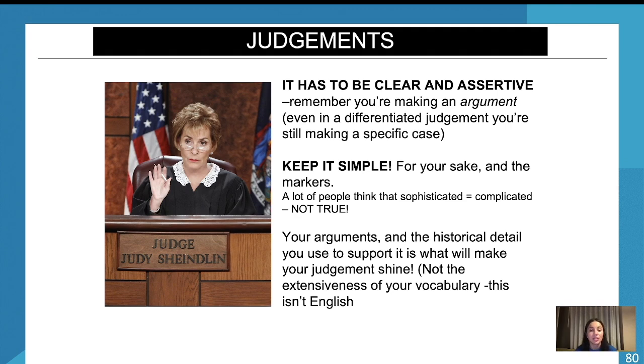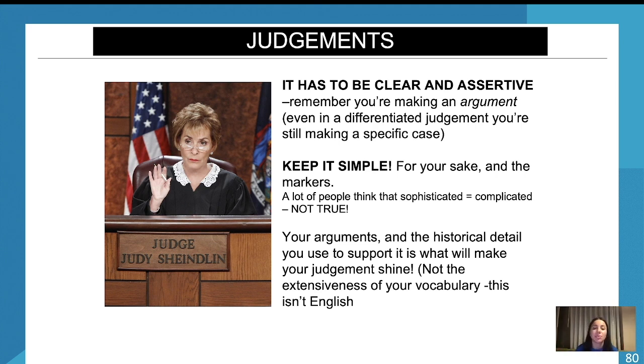So it has to be clear and assertive, and you are making an argument. So even in a differentiated judgment, it's still making a specific case, and your case is, yes, it was important, but there were other ones that were important too. That doesn't take away from the importance, but it's saying that it wasn't the most, because altogether they came together.